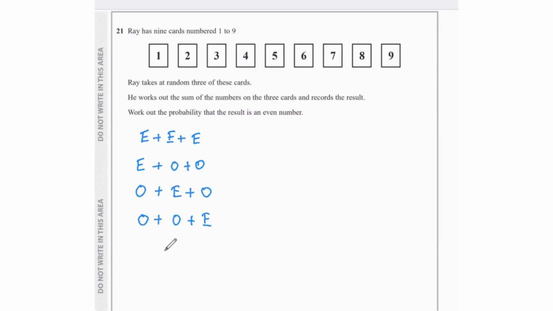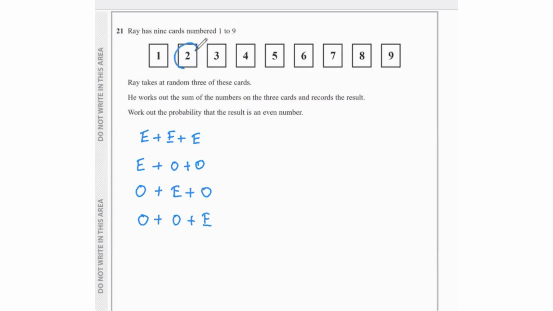If you were adding two even numbers and an odd number, that would not equal an even number. For example, 4 plus 2 plus 3: 4 plus 2 is 6, 6 plus 3 is 9. That's an odd number, which means these are the only combinations that give us an even number every single time we add these.